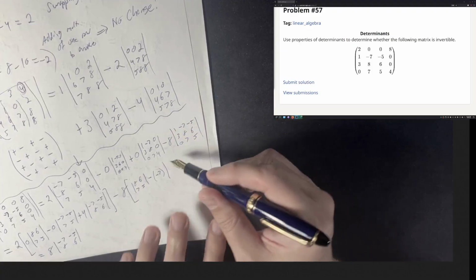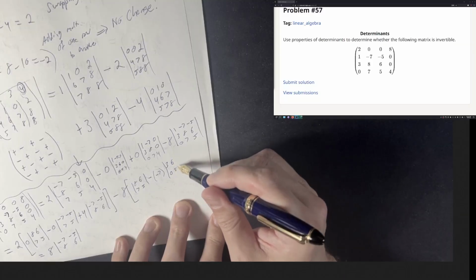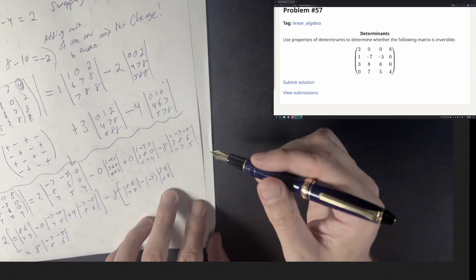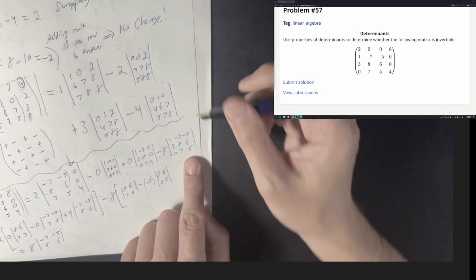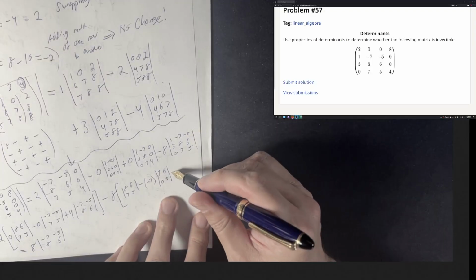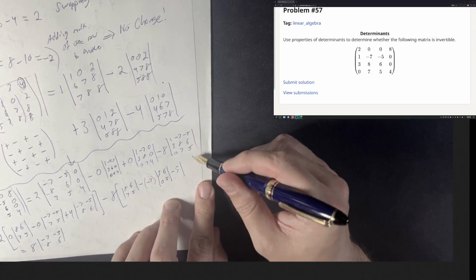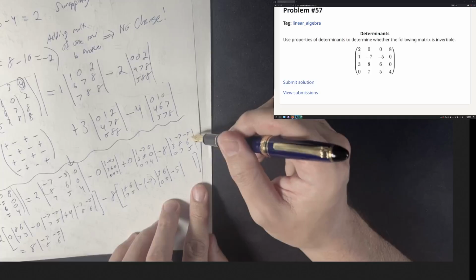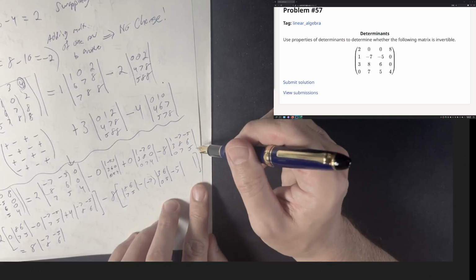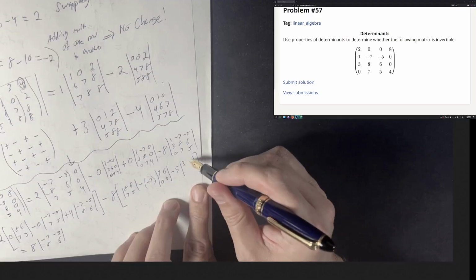So 3605. And then positive, right? Plus, minus, plus, minus, plus. So positive of negative 5 times the determinant of the stuff when you eliminate the first row and the third column. So 3807.